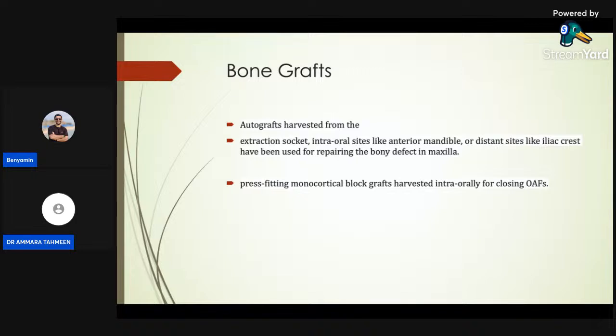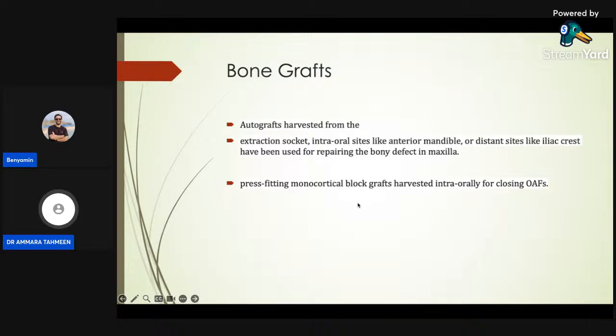If it is related to just an extraction site, then the most commonly used are the allografts. We have also used them with guided tissue regeneration membranes, that is GTR membranes, like collagen membranes. One more is press-fitting monocortical block grafts.